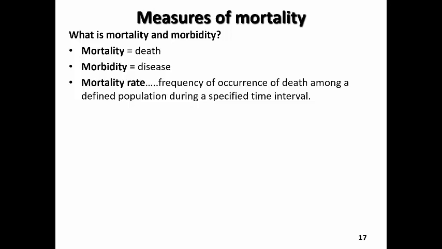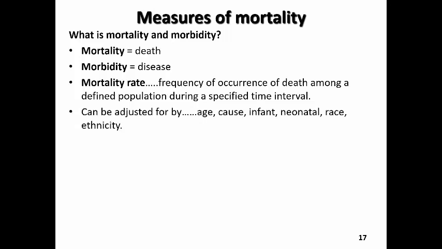The mortality rate refers to the frequency, how often deaths occur among a particular population. That population has to be clearly defined by the epidemiologist during a specified time interval.